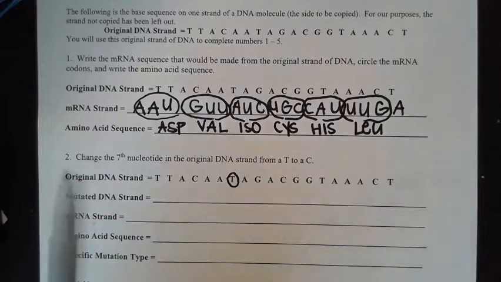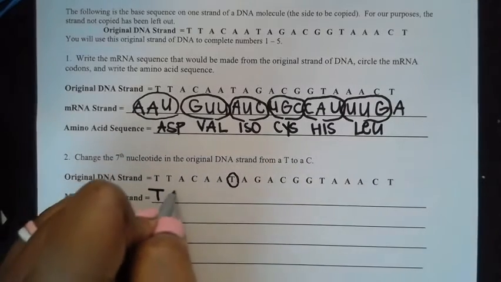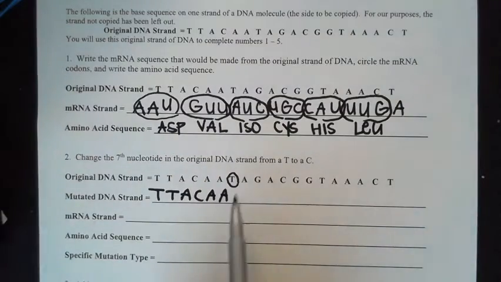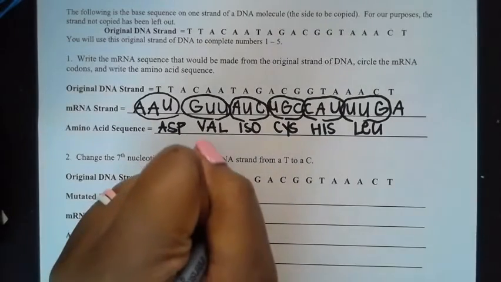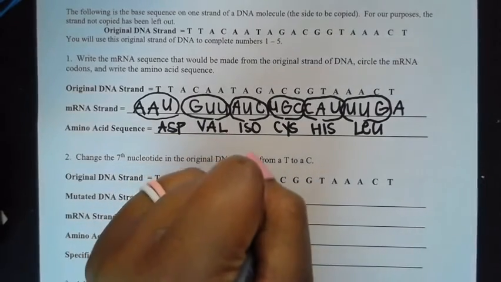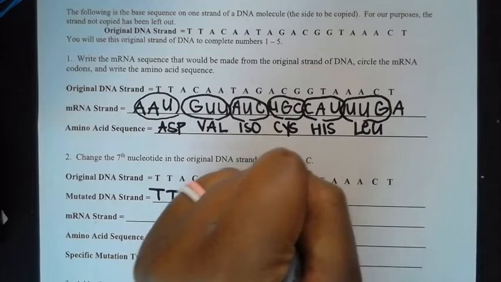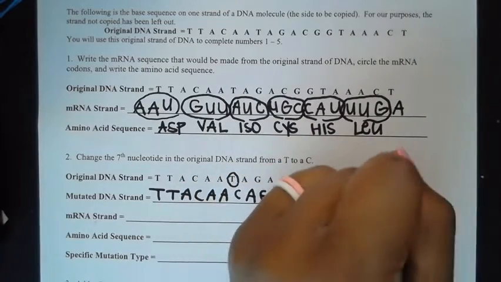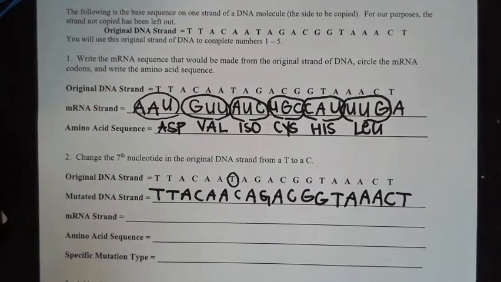I'm going to copy my original DNA strand, except I'm going to turn this T into a C. All right, let's go. T, T, A, C, A, A. Up, I've reached my T. That's going to be a C. A, G, A, C, G, G, T, A, A, C, T. Okay. Now, from there, you're going to get your mRNA complement.